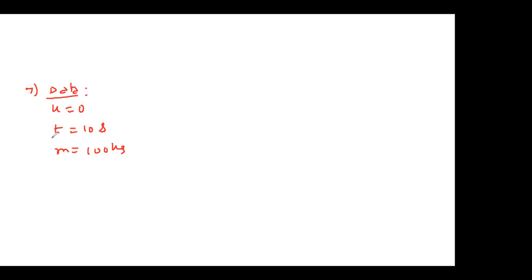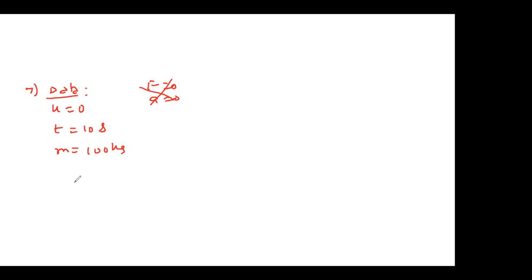No, a is 0. So after 10 seconds, there is no force. No force means a is 0. That means whatever is the velocity acquired at the end of 10 seconds, it will move with the same speed further.